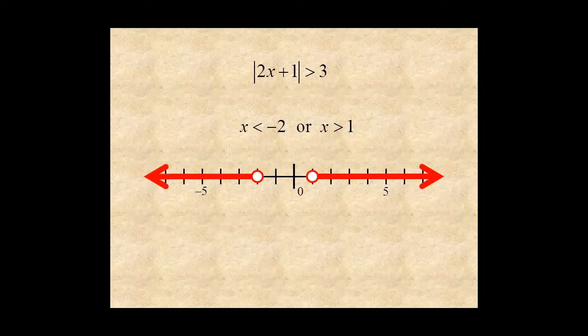Going back to the solution, we'll select two values for inequality checks. Any convenient value less than negative 2, like x equals negative 4, and a value greater than 1, like x equals 2.